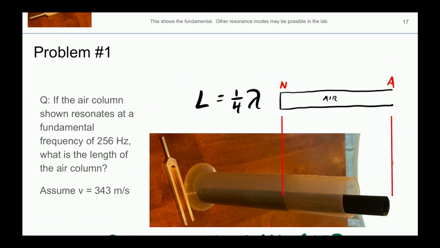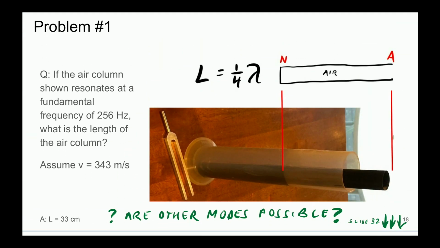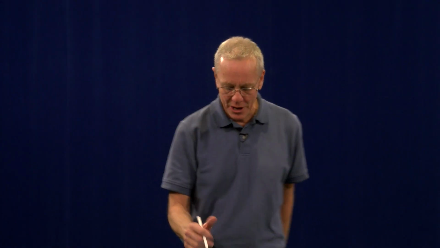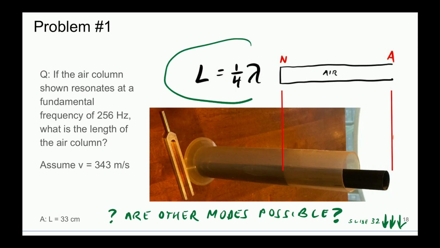So if you do it, you can figure out what frequency you need to get resonance. Now I gave you the fundamental harmonic, L is 1/4 lambda, and if you calculate that, spoiler alert, you'll find out that you need to adjust your length to match your tuning fork by adjusting the length to 33 centimeters.